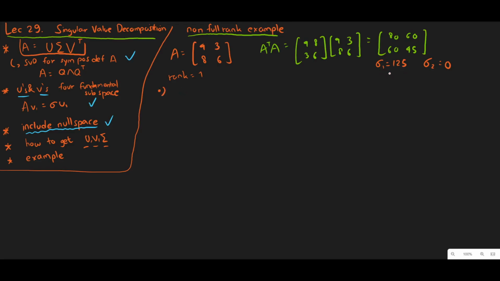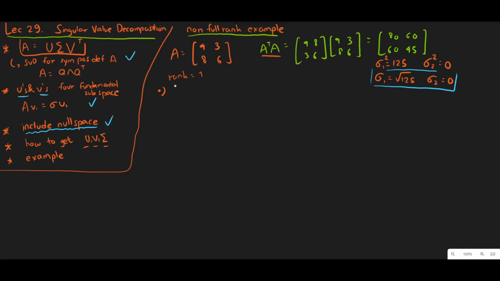Okay, now let's try to find, so we have it here, the sigma squared, because we get it from the A transpose A. So our sigma 1 is square root of 125, and sigma 2 is still 0. Okay, so let's keep that in mind.